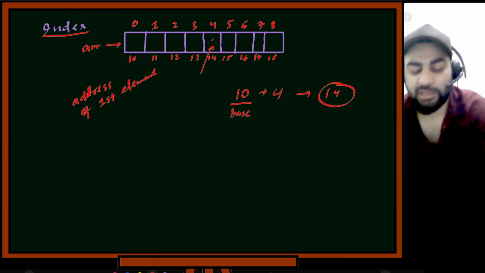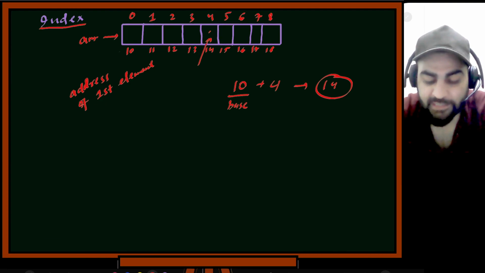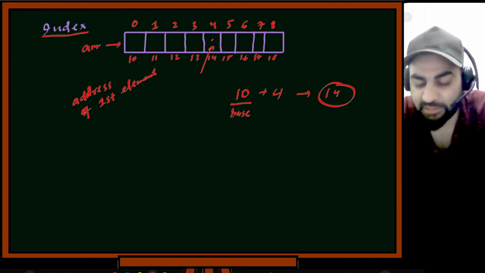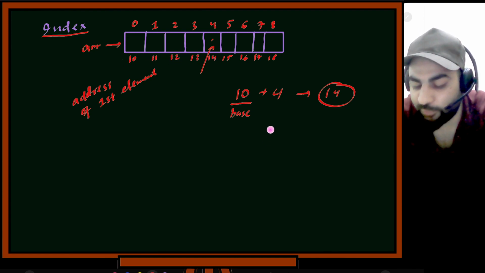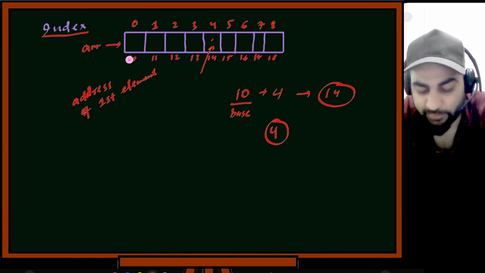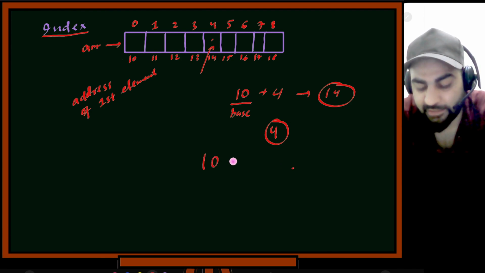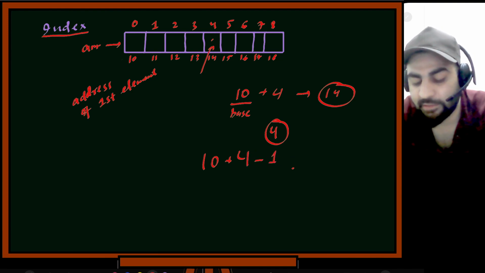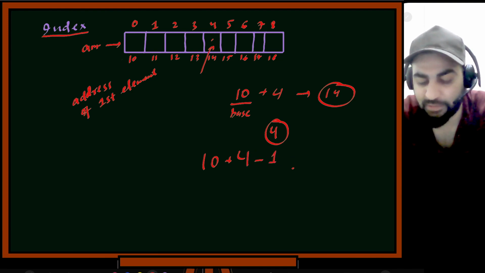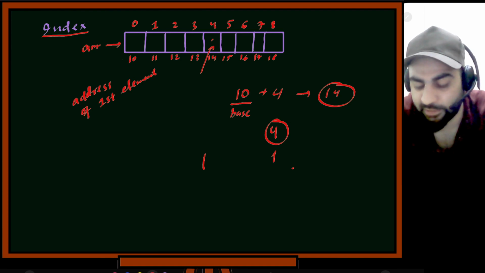For example, if I did not have this 0 indexing, the addresses would have been, let's suppose, 10, 11, 12, 13, 14. Now if I want the fourth index, I have a base address of 10, then 10 plus my index, which is 4, and then I will have to subtract 1.